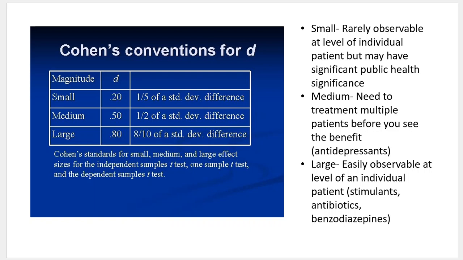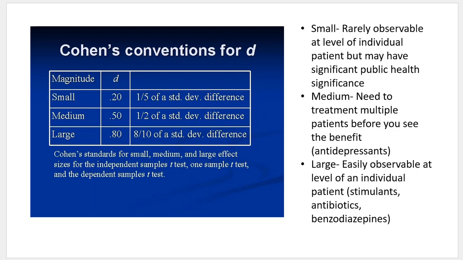And what does that all mean? Well, we have a convention called Cohen's convention, and this is important for you to memorize. It's going to be on the exam, but it's good for you to know when you're reading clinical trials literature. So a large effect size, 0.8 or above, generally means that it's easily observable at the level of an individual patient.